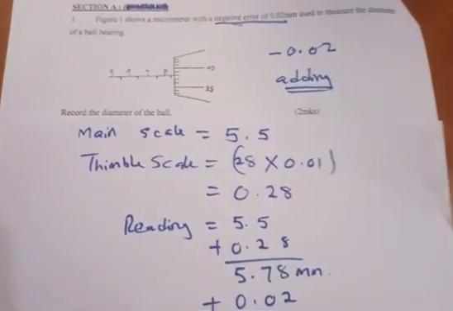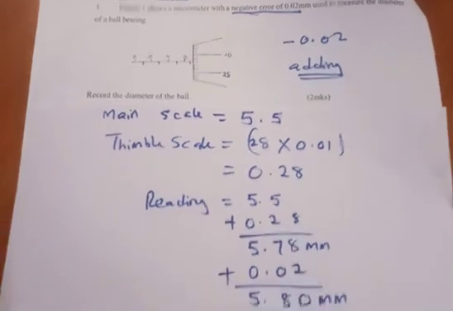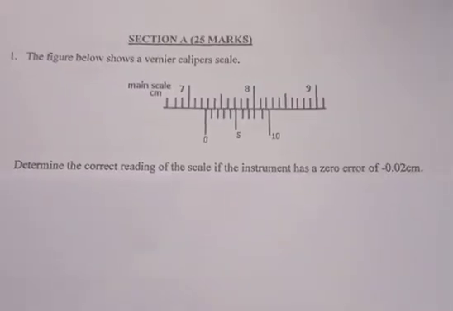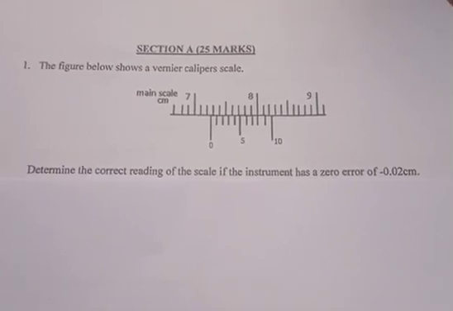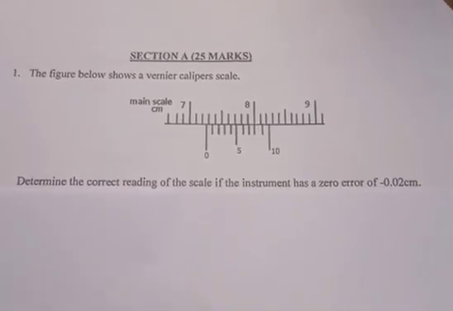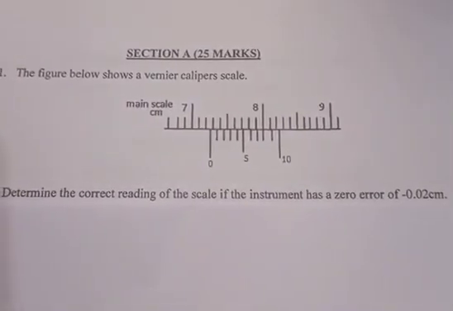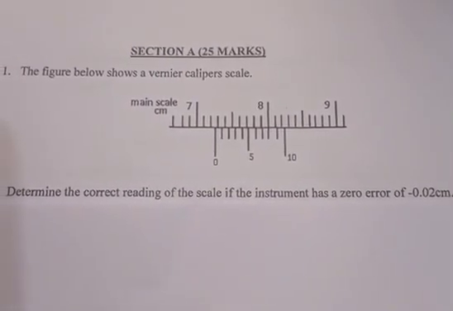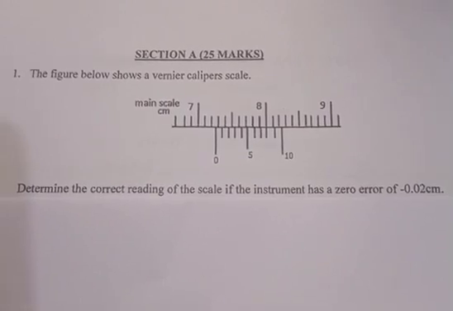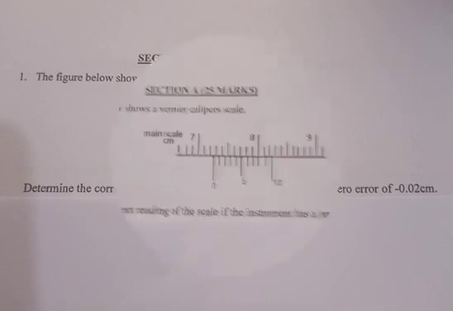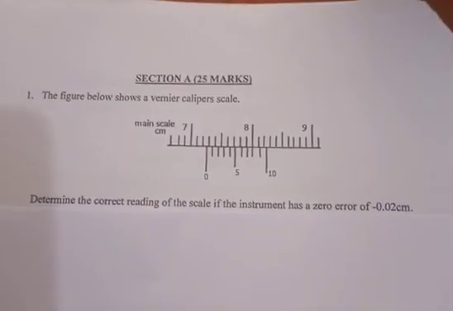So we move on to a vernier caliper, whereby we have the main scale and the vernier scale, which is below here, indicated from 0 to 10. So again we are to determine the reading, and this instrument had a zero error of negative 0.02.